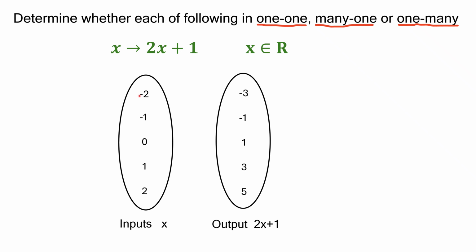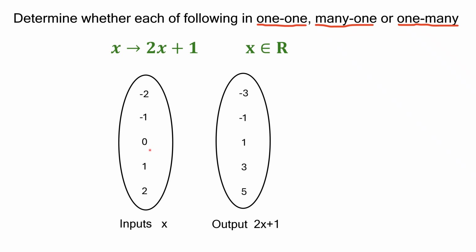Now, if I substitute x here, this x input -2, -2 times 2, -4, -4 plus 1, -3. So for -2, output is -3. Similarly for 0, if I put x as 0, so 2 times 0, 0, 0 plus 1, 1.